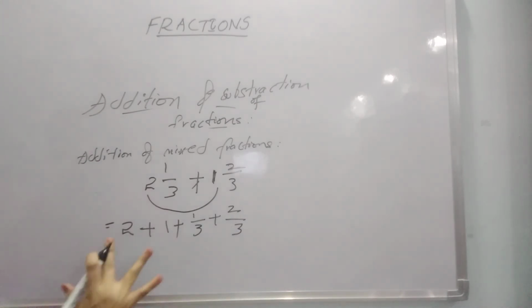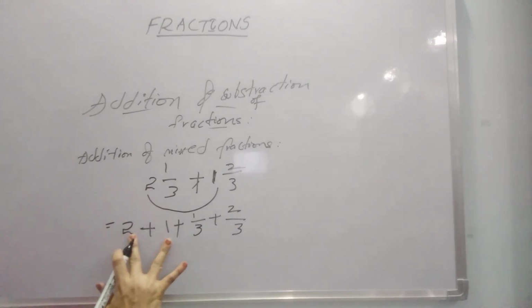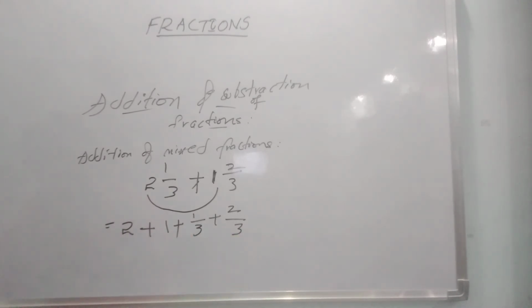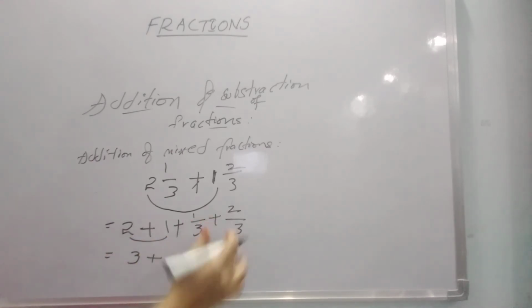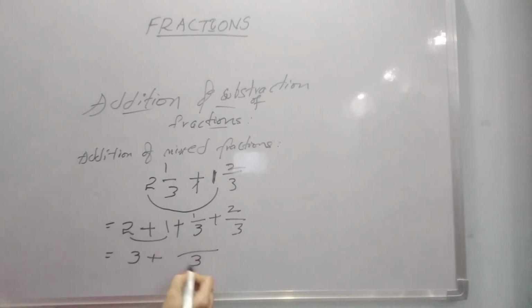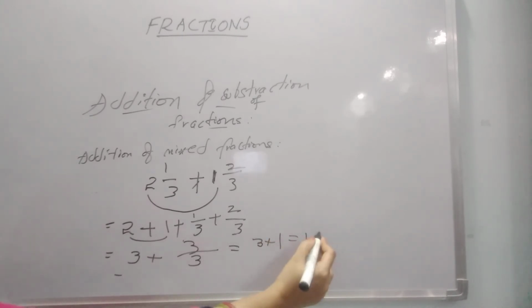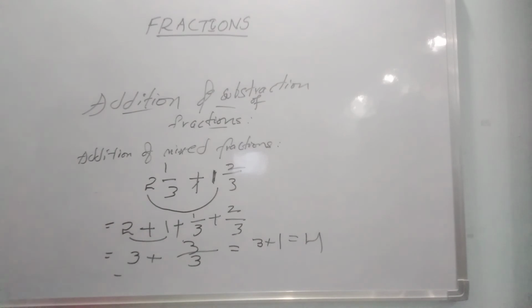First we add the two whole number parts and next we add the fraction parts separately. 2 plus 1 is 3, and now 1 by 3 plus 2 by 3, these are like fractions. 1 plus 2 means 3 by 3. That means 3 plus 1, that means 4. Our answer is 4. We can add mixed fractions like this.